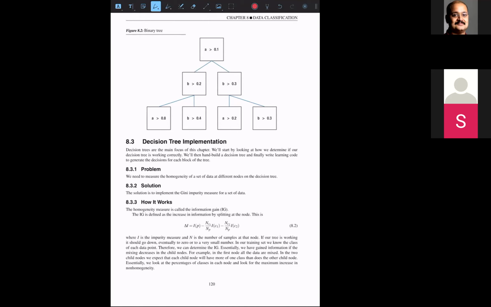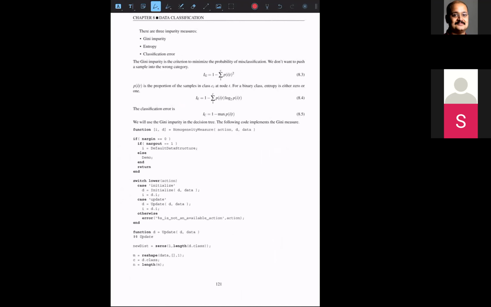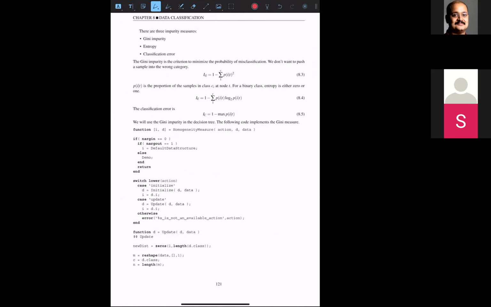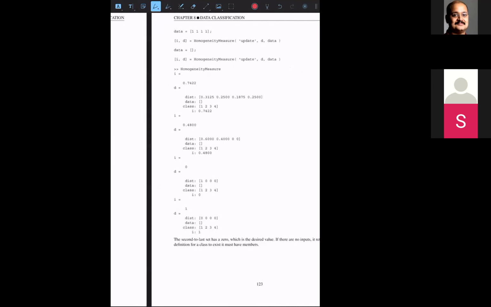The values 0.1, 0.2, etc. are determined during the training. That is correct, and that will come in the next few slides. There is a homogeneity measure that is used to find the threshold boundaries. And this entropy that I just talked about is the impurity, which is the amount of information that data contains, and so on.